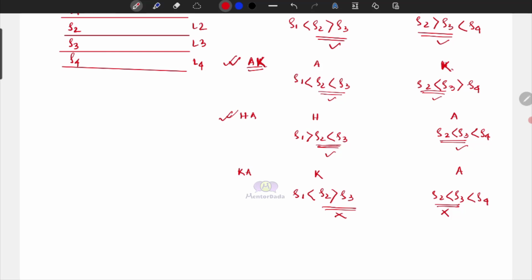To satisfy the K graph, rho 2 must be greater than rho 3, and to consider the A graph, rho 2 must be less than rho 3. So these things are completely opposite to each other. So this KA type of curve is not possible.